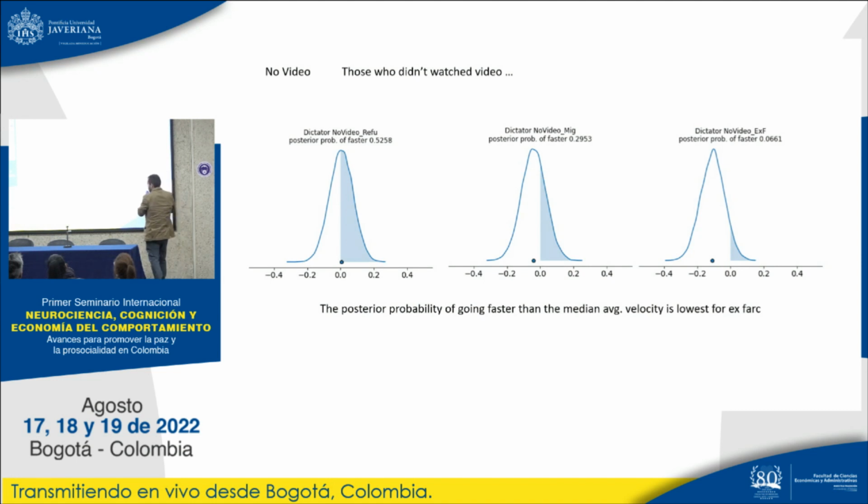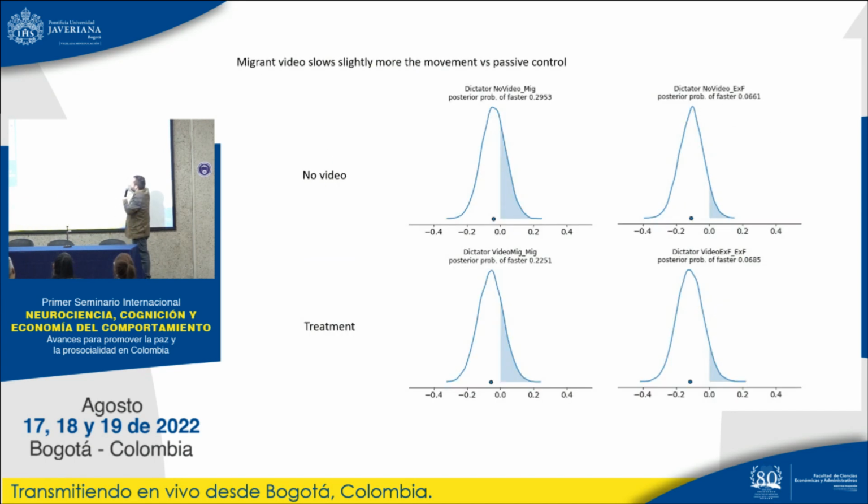For those who didn't see the video, that is the passive group. We had this active one, that is the tourism video, is this one. And if we compare these possibilities directly with the no video, if you compare these two, the probability here lowers, 22, 29.